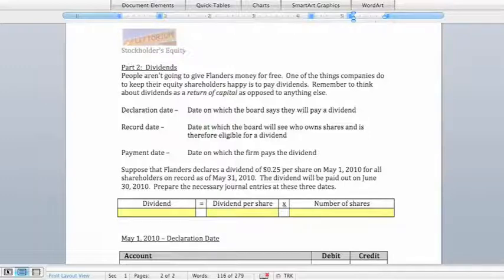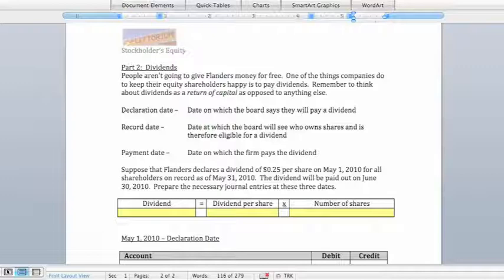So we're going to see that this is going to end up resulting in a liability on that declaration date. Now, in their declaration, firms will specify 2 other dates: the record date, which is the date the company checks to see who owns shares in the firm and is therefore eligible for a dividend, and the payment date, which is the date the firm will actually pay the dividend.